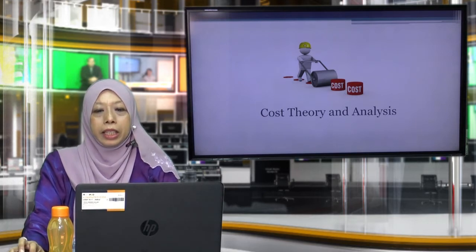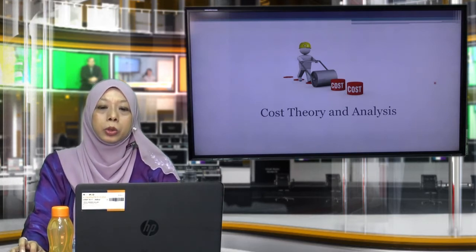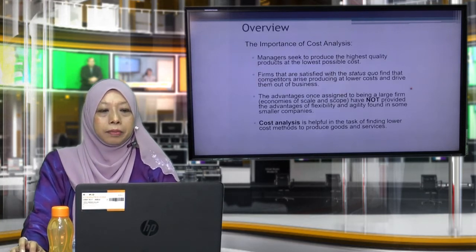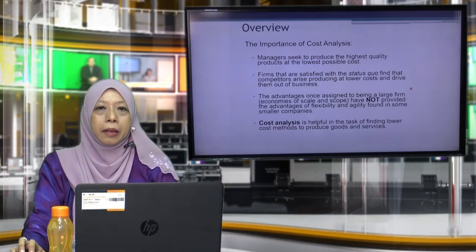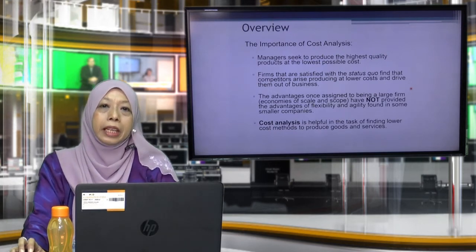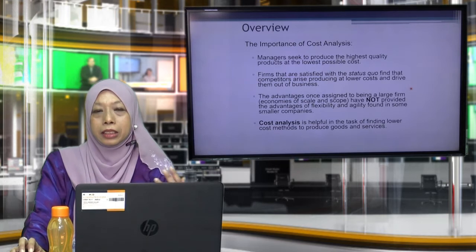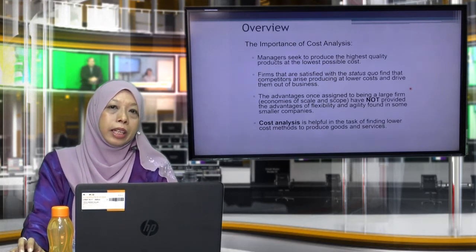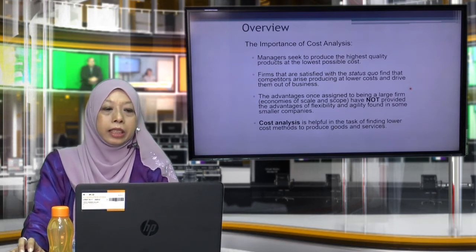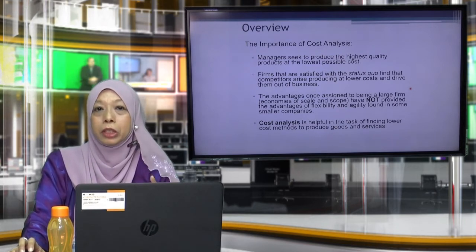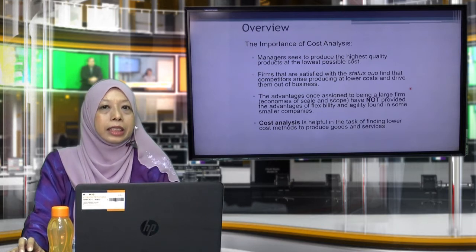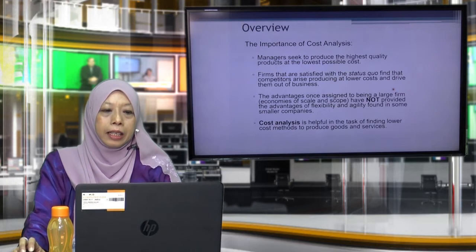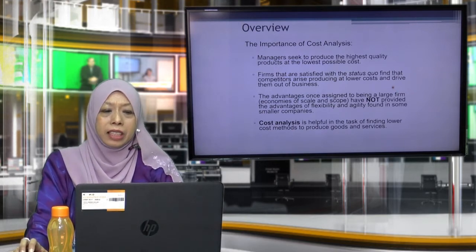Now, why is it important for us to analyze cost? Well, for managers, their main objective is to get the maximum profit, and to achieve that objective they want to produce the highest quality products, but they want to make sure that the cost is held at the lowest possible cost.